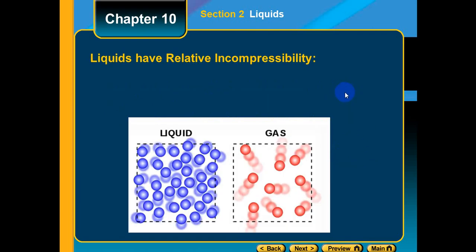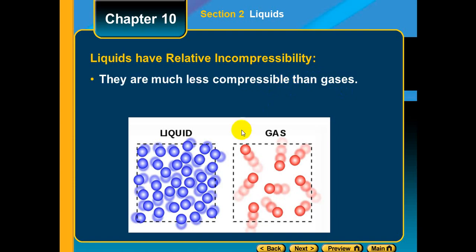Another property of liquids that is different from gases is that liquids have relative incompressibility. They are not easily compressed. As you can see also, liquids are much less compressible than gases.